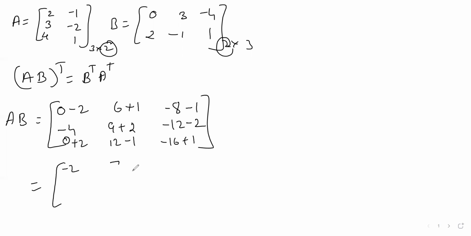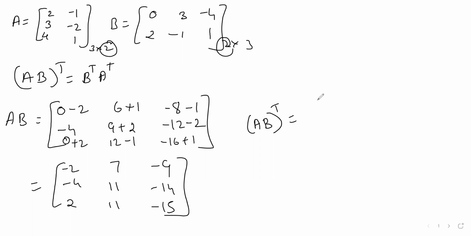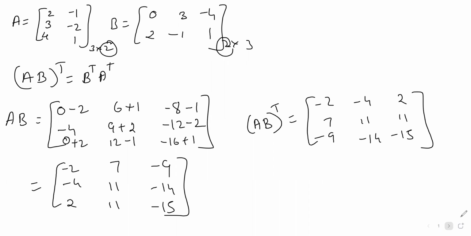This is minus 2, 7 minus 9, minus 4, 11 minus 14, 2, 11, minus 15. This is AB. Now we can find out the transpose of AB. So what will the transpose of AB be? Sorry, (AB) transpose will be minus 2, 7, minus 9, minus 4, 11, minus 14, 2, 11, minus 15. (AB) transpose has come.